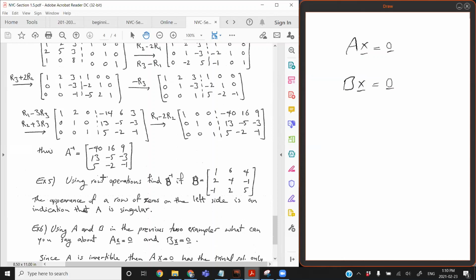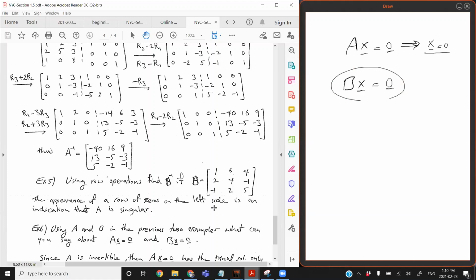If A is invertible, according to those four statements, this system has the trivial solution only. There's only one solution for this system, and that would be the origin. X can only be 0, 0, 0. What can I tell about this system? We learned that B is not invertible. We learned that B does not have an inverse. So if B does not have an inverse, this system does not have the trivial solution only.